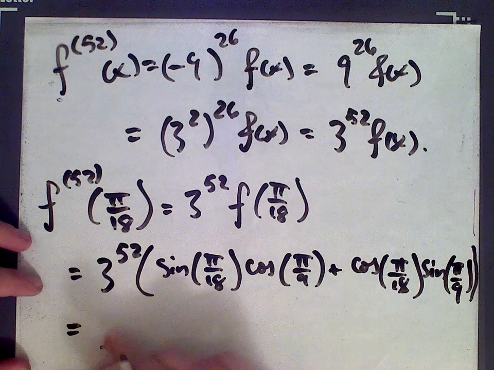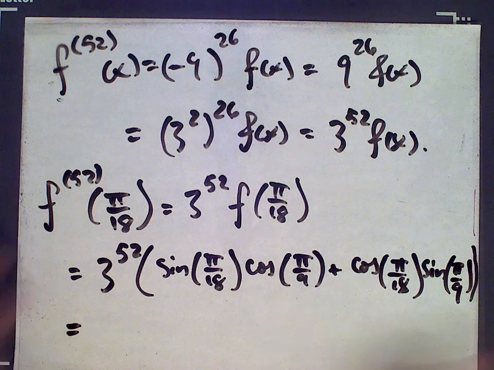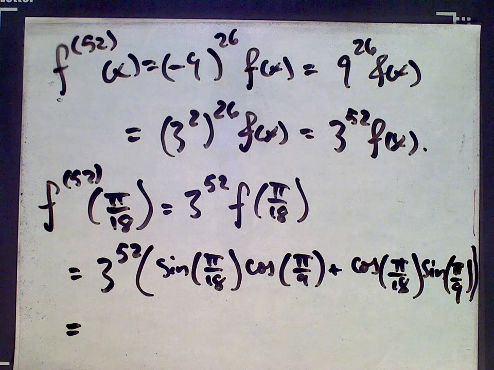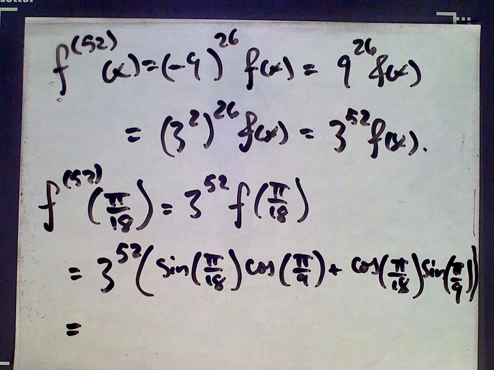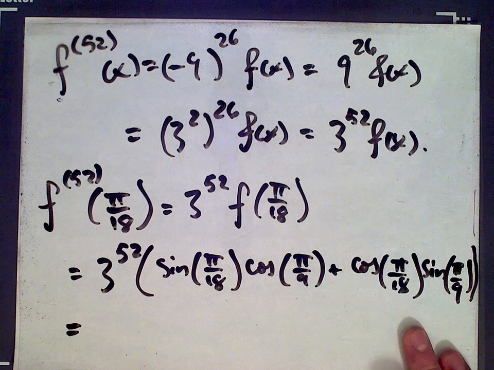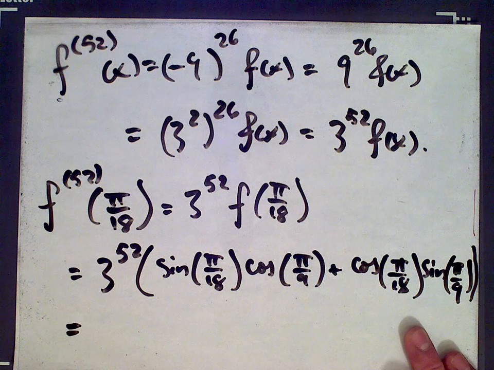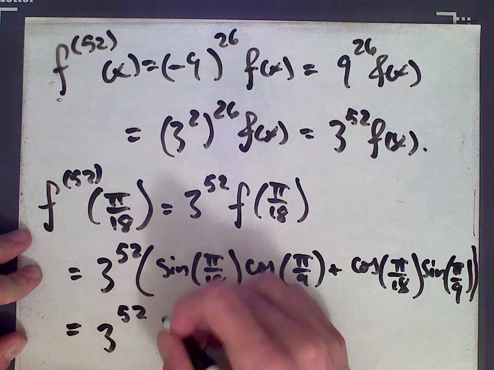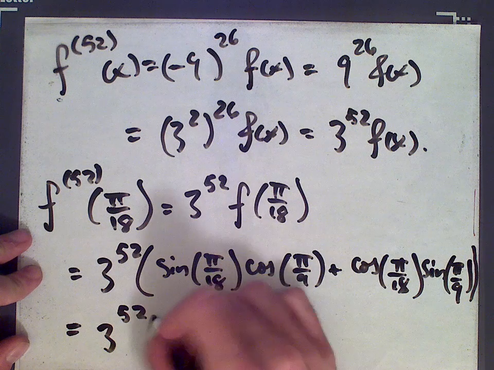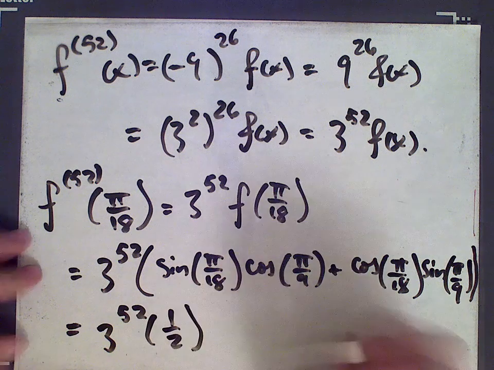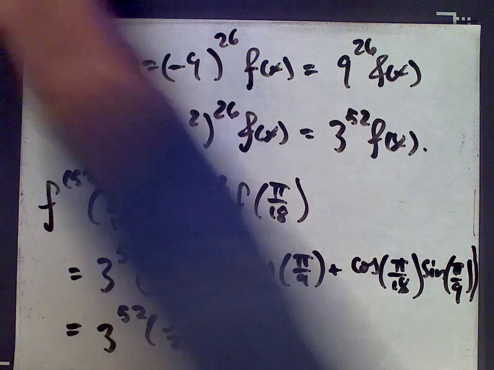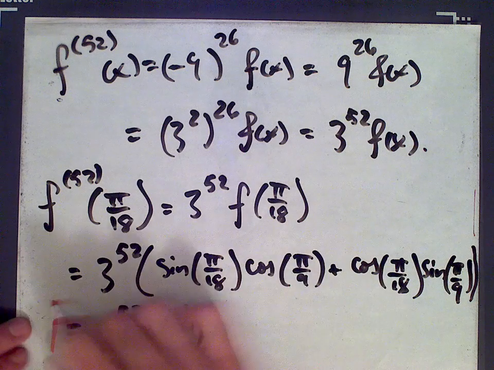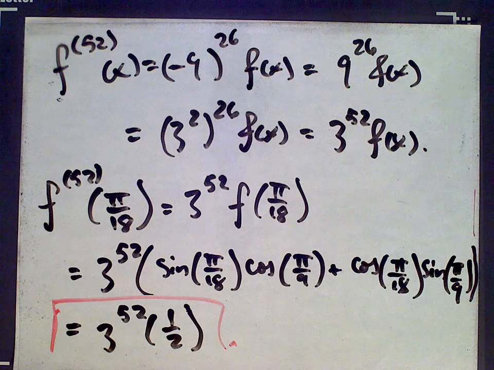Okay, these pi over 18 and pi over 9 aren't sort of typical values that you plug into sine and cos, but if you plug all of this into your calculator, what you see is that it actually comes out to be a half. So you get 3 to the power of 52 times 1/2, and that is the solution and answer to question number 16.